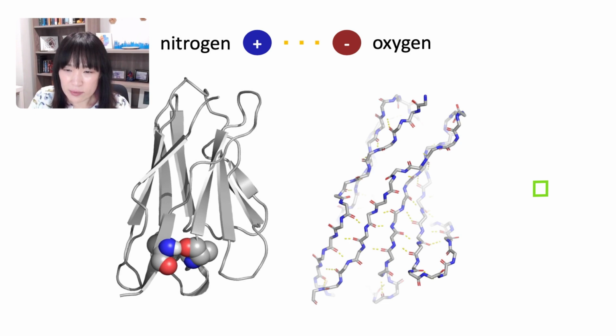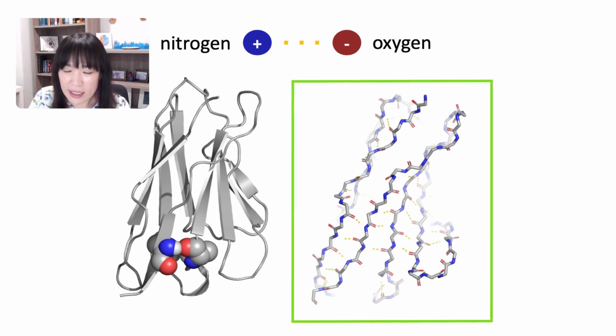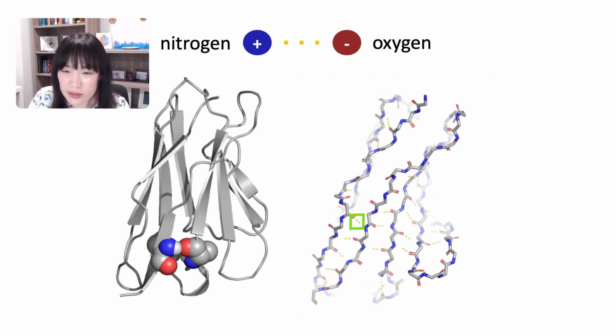And so on the right, I'm showing just the backbone atoms in more of a stick representation so that I can see this better. And the yellow lines highlight all the places where there's basically a little tiny magnetic interaction between everything in these backbone atoms.